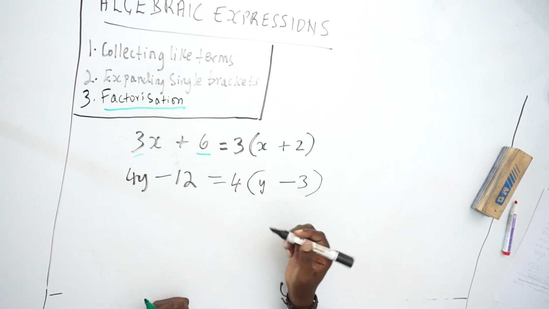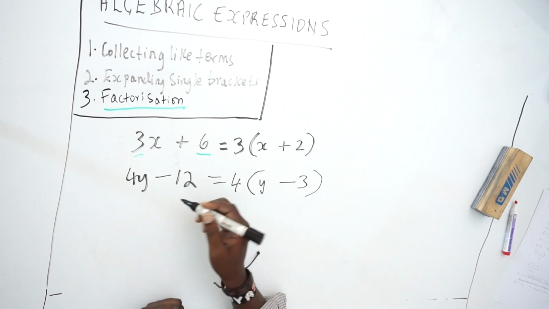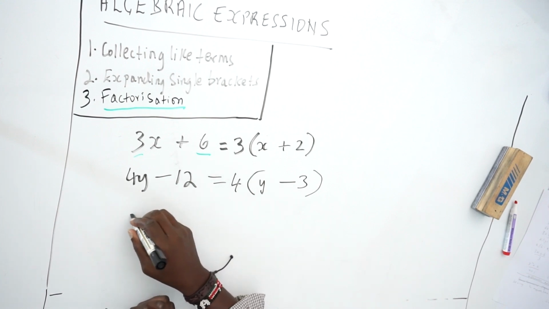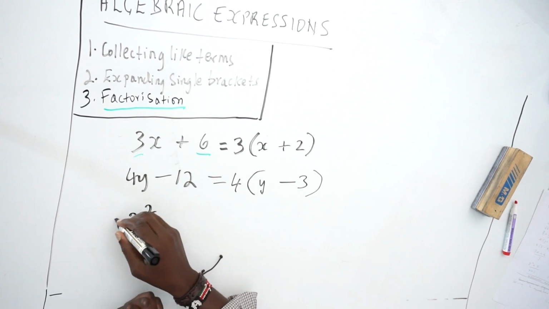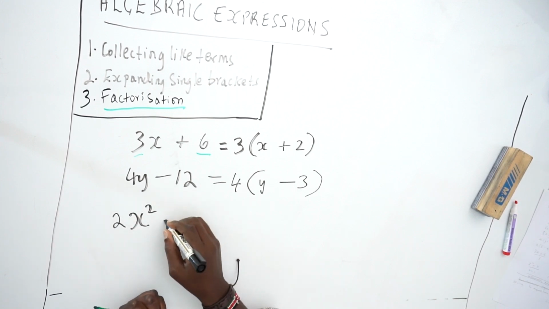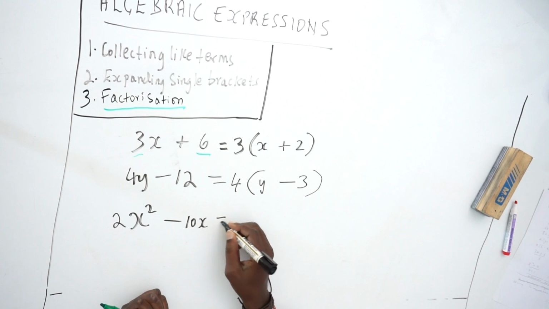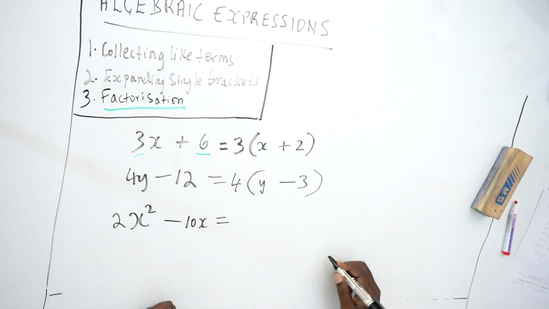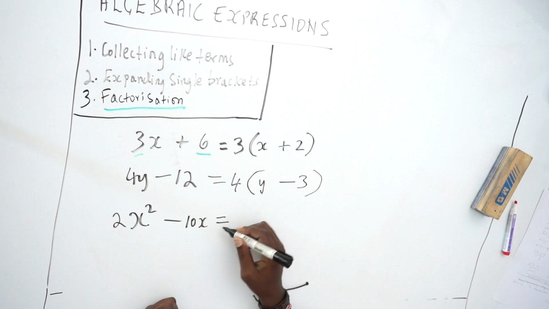Okay? There are situations where at times there could be a power involved. For example, we have 2x squared minus 10x. In this situation, we have got to remove what's common.